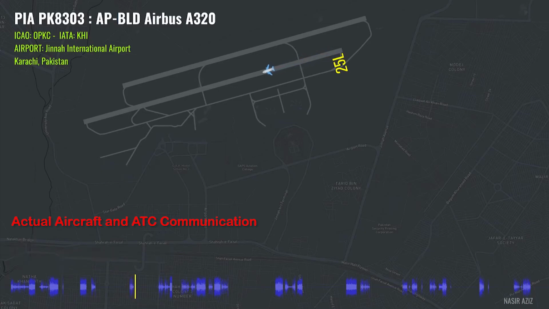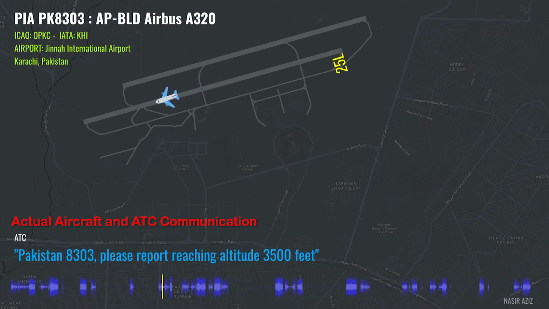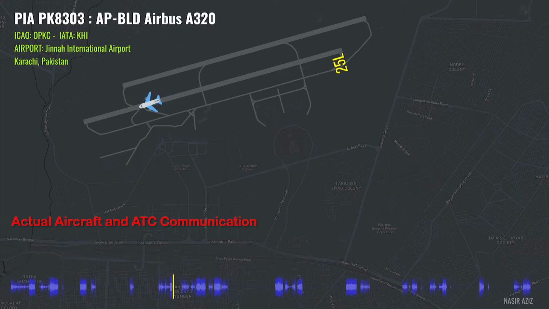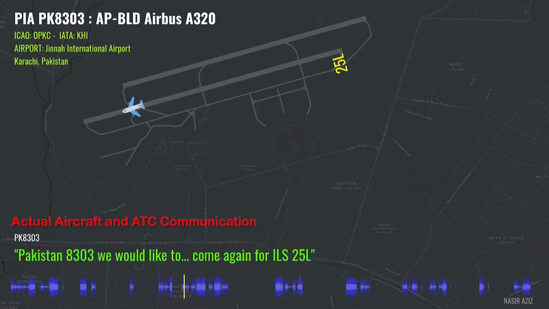Going around. Report reaching altitude 3,500 feet. For Pakistan 8303, we would like to come again for ILS 25 left.